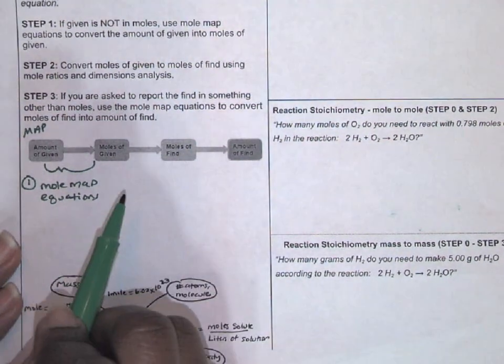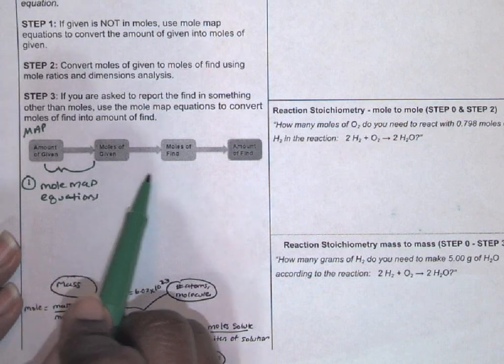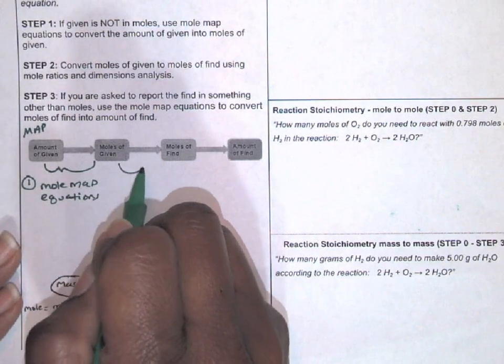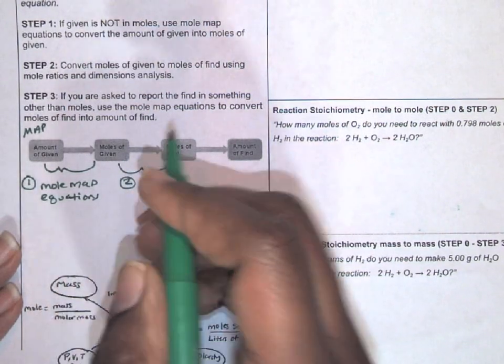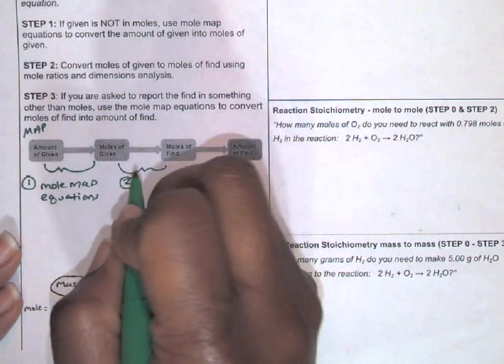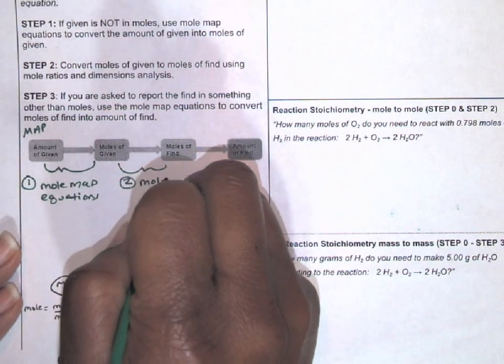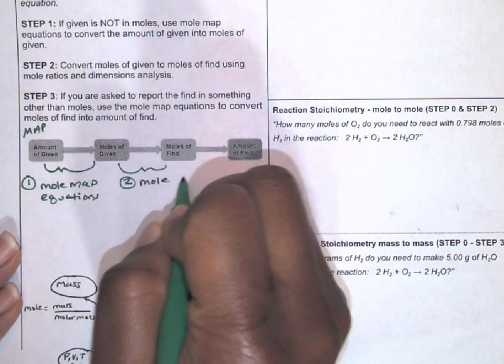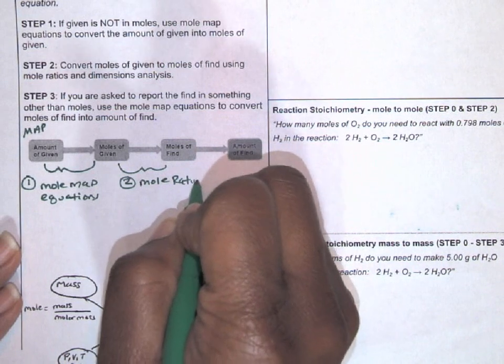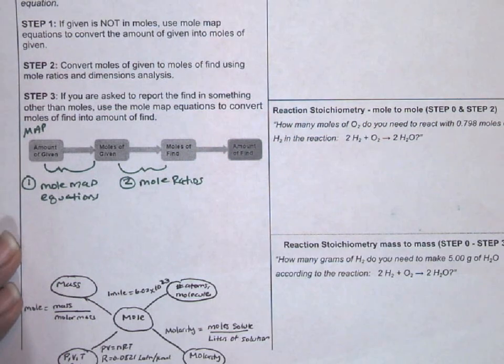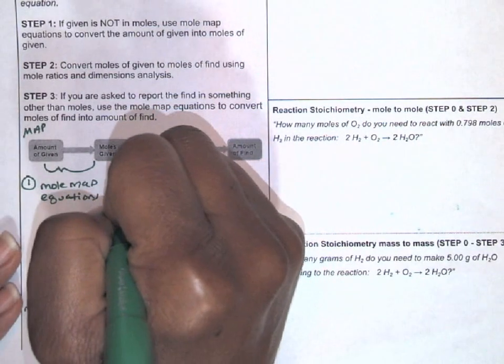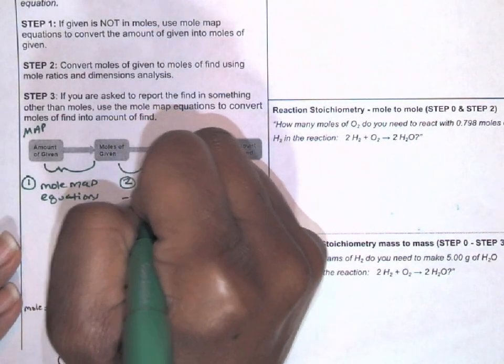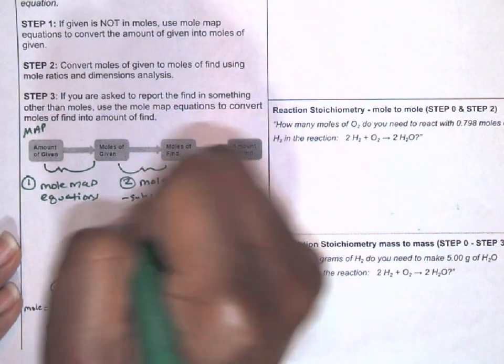And then the next step is to go from moles of given to moles of find. And for this step, we're going to use our mole ratio, like we did above. Now the thing to remember is that your mole ratios will either come from subscripts or coefficients.